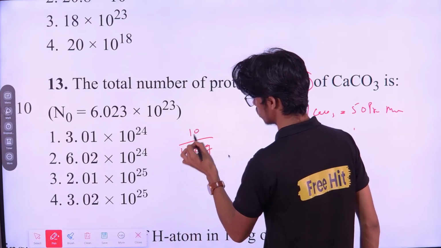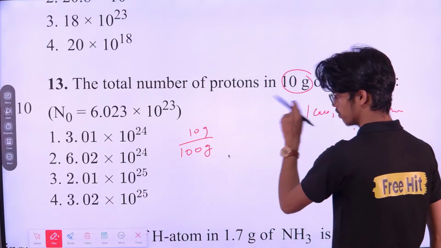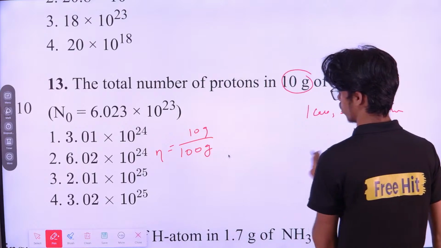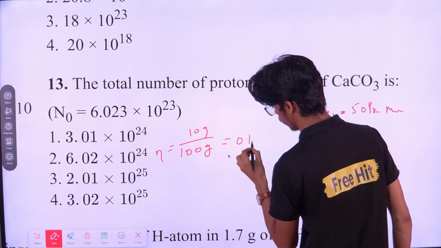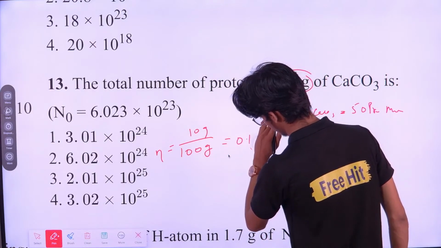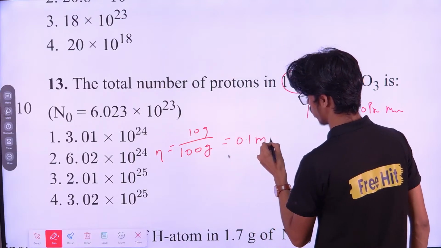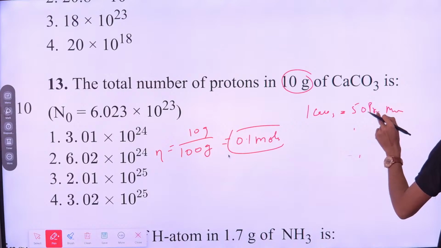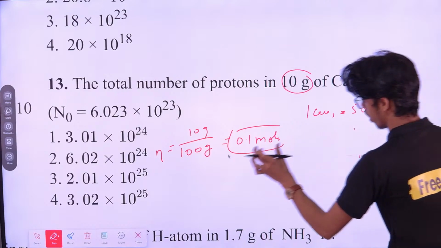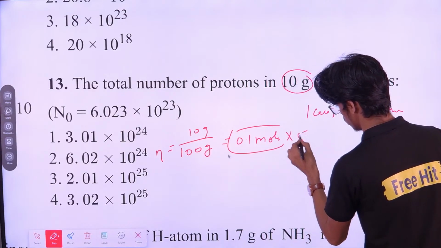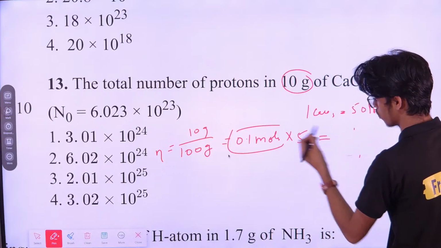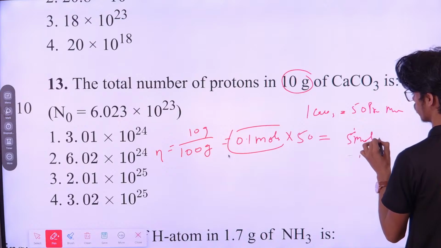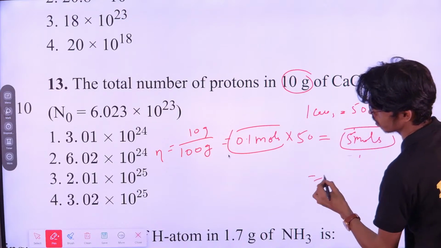So given mass, 10 gram, upon molecular weight is the number of moles of calcium carbonate, that is 0.1 moles. And 1 mole is equal to 50 moles of protons, so 0.1 mole is 0.1 into 50, that is 5 moles of protons.